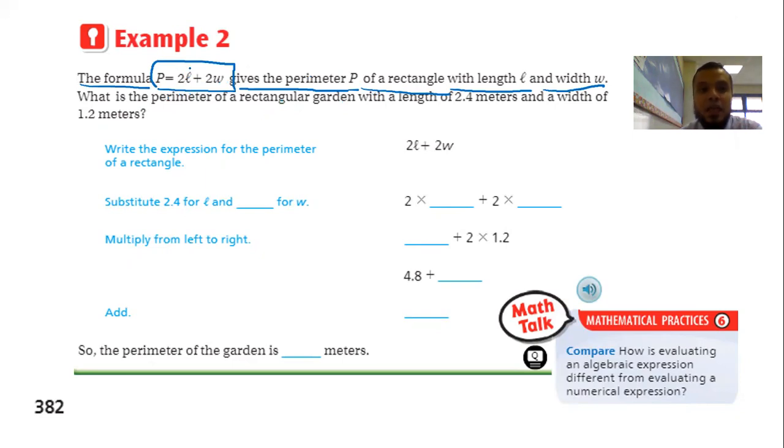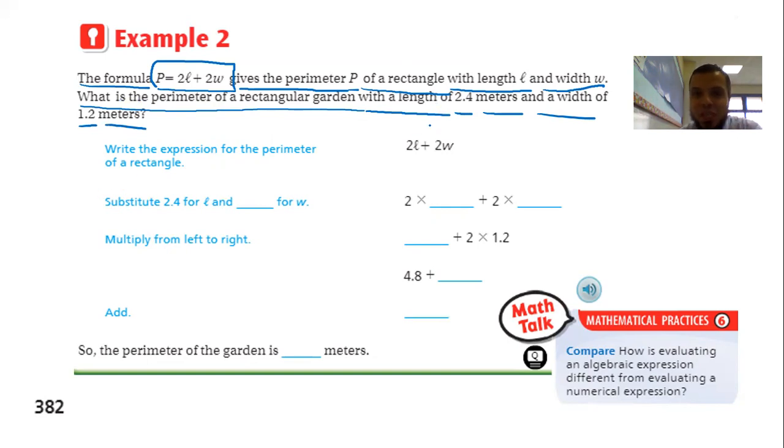L means length and W means width. Okay, what is the perimeter of a rectangular garden with a length of 2.4 meters and a width of 1.2 meters?